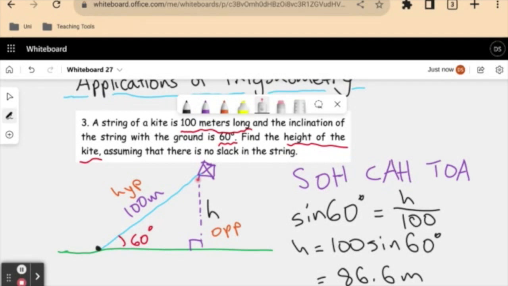Recapping what we did, we found all our keywords from the question, and we drew a diagram. We can construct these right angle triangles in a lot of different scenarios, and you'll see this in a lot of your worded questions, maybe from your textbook.